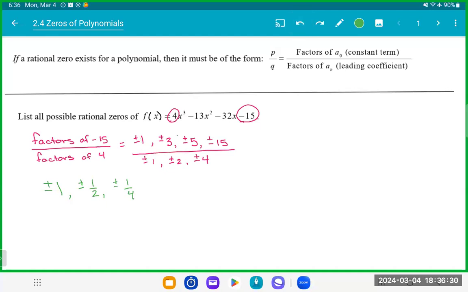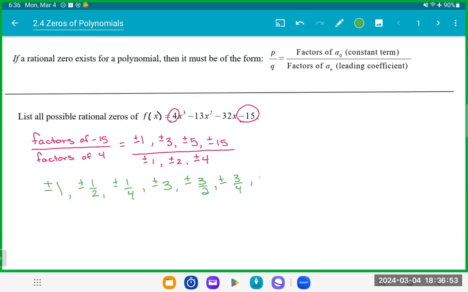And then we move to the 3. So that is plus or minus 3 over 1, plus or minus 3 over 2, plus or minus 3 over 4. Then we carry on and do the same with the 5.